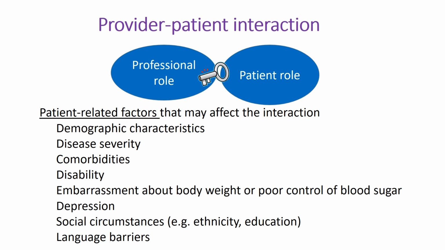Some of the factors might be demographic characteristics such as age and sex, disease severity, comorbidities, disability, embarrassment about body weight and poor control of blood sugar, pressure, social circumstances such as ethnicity and education, language barriers. Can you think of the ways in which these factors might affect the interaction? Can you give examples from your own setting?